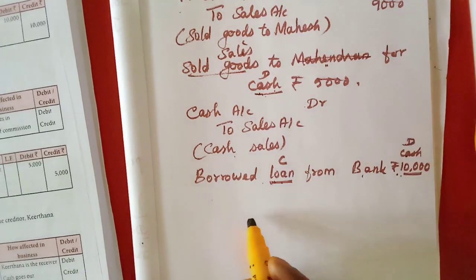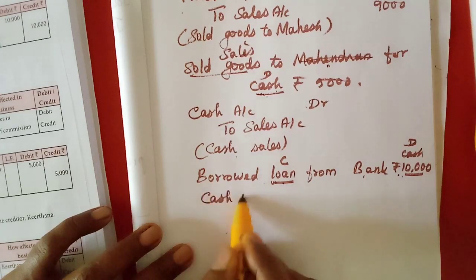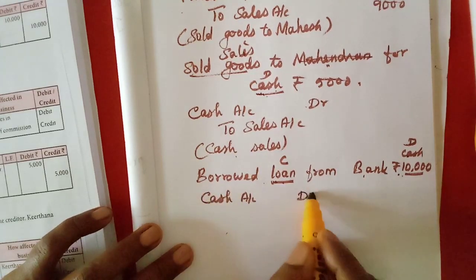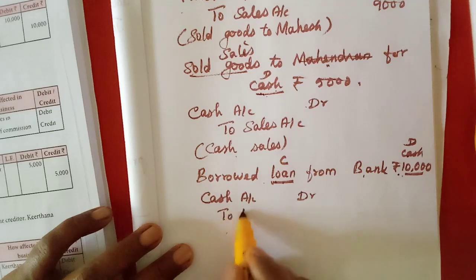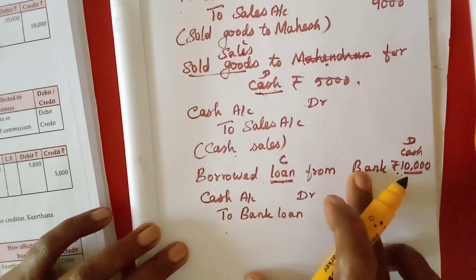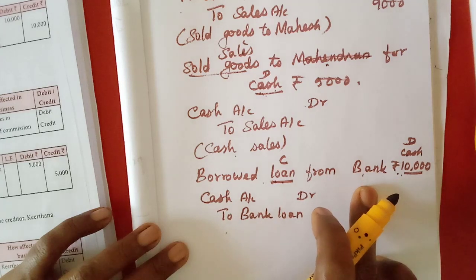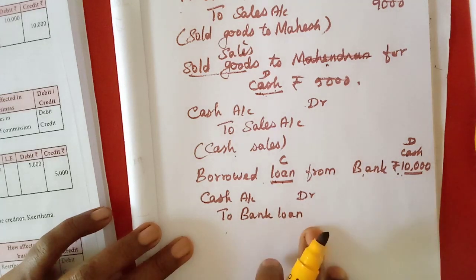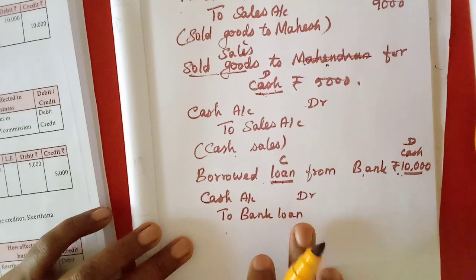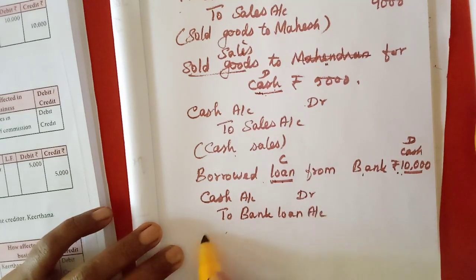So what is the entry? Cash account debtor to bank loan. Simply the giver also we can think of as bank, but if we simply write bank, it is not correct because we need to pay this back. It is a liability also. So bank loan account.